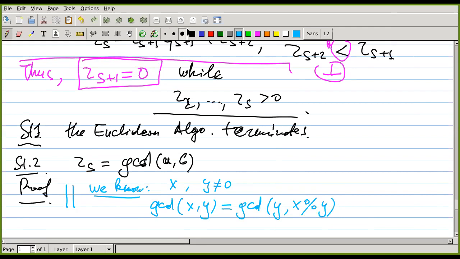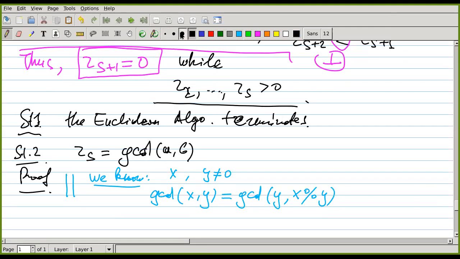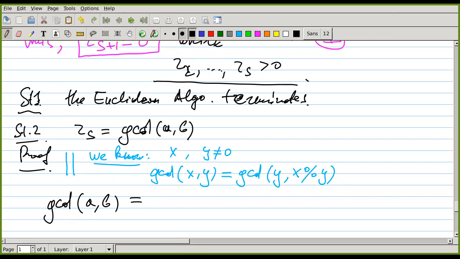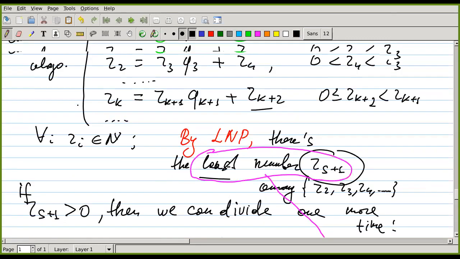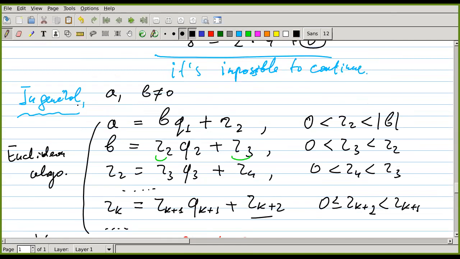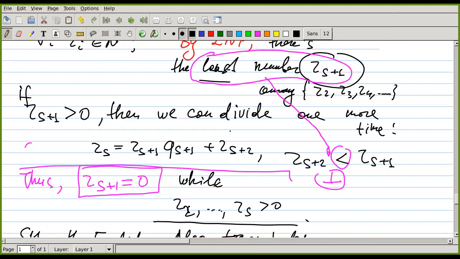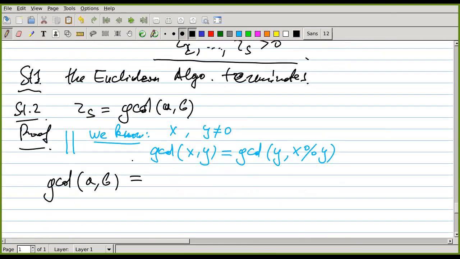Do you remember this fact? Yes. So, with this in view, what does the GCD of A and B equal? It equals the greatest common divisor of B and R2, of the divisor and of the remainder. Is it clear?